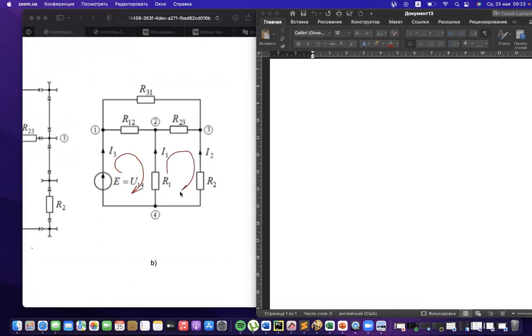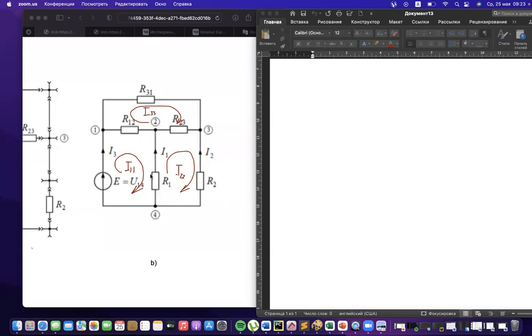For example, you could put currents inside the mesh in any direction, let it be clockwise, let it be called mesh currents I11, I22, and I33.